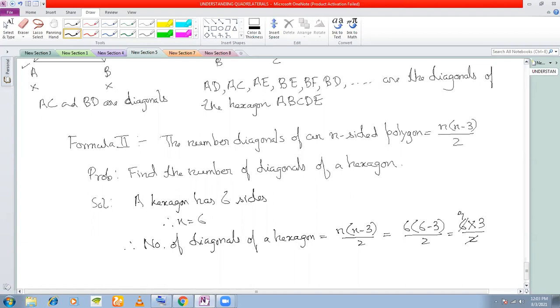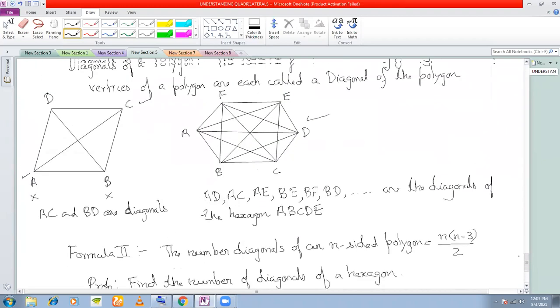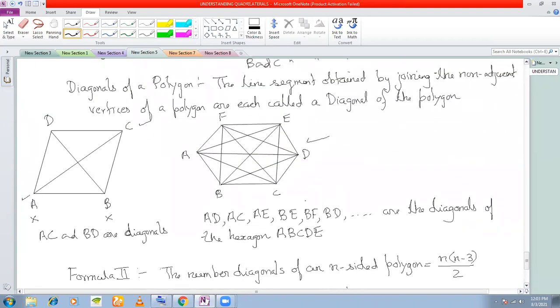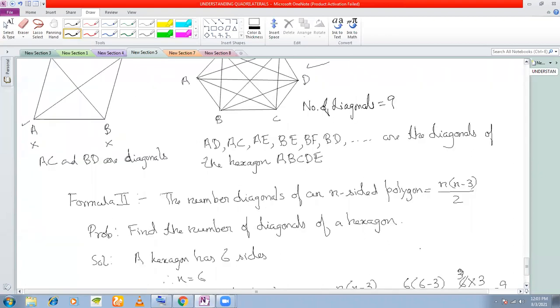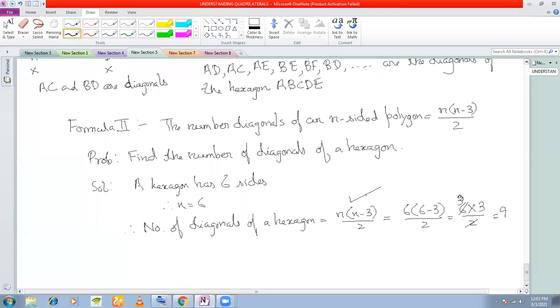Cancel this. You will get 9. So if you count here, the number of diagonals will be 9. You can draw this, or without even drawing, you will know that the number of diagonals here is 9 by just putting it in this formula. Is that clear?